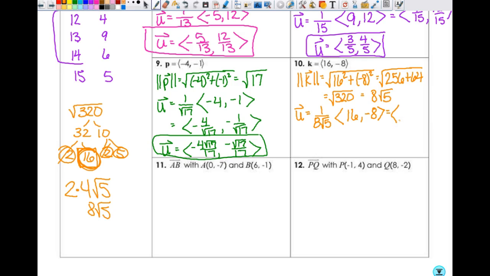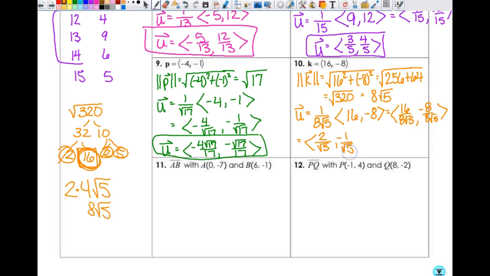It's okay to skip some steps in between, but I usually don't in your notes because I don't want to lose you. We can make this 16 over 8 square root of 5, and then negative 8 over 8 square root of 5. So before I even worry about rationalizing, which I know I have to do, I'm going to wait a minute because I can reduce this. This is going to become 2 over the square root of 5. And then this is negative 1 over the square root of 5.